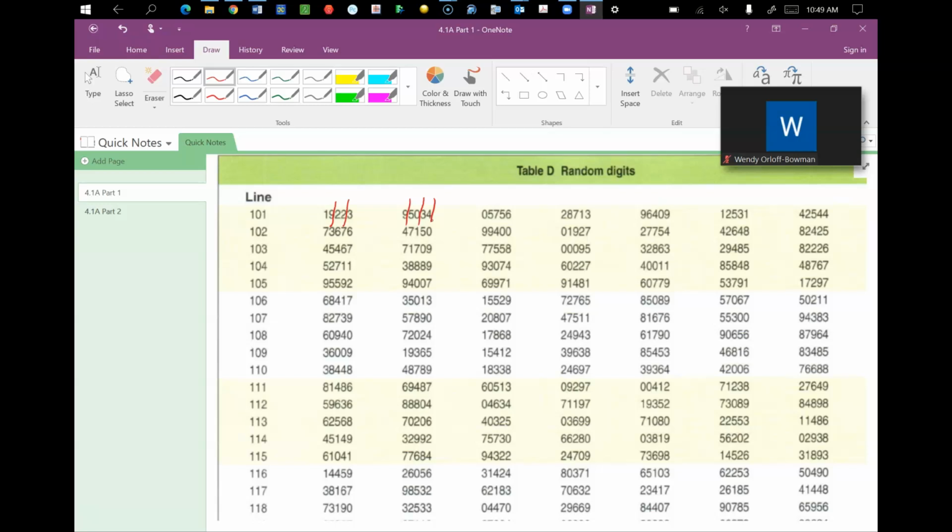Just like with the calculator, if for some reason 2 of these numbers were the same, then you would just go on and select another 2-digit number. So let's assume for the moment that our third double-digit number, 39, and our fourth double-digit number were the same number.